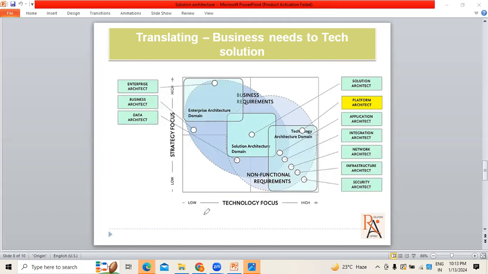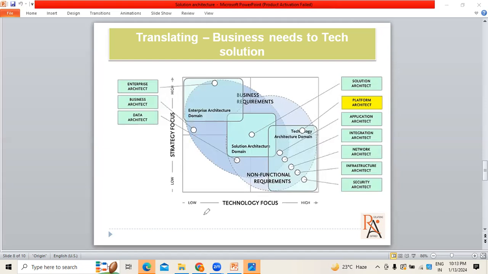Technology doesn't mean having knowledge of coding, because people who come for solution architect roles will come from a coding background anyway, from the application background. Code review and all of that will be done by application architects.